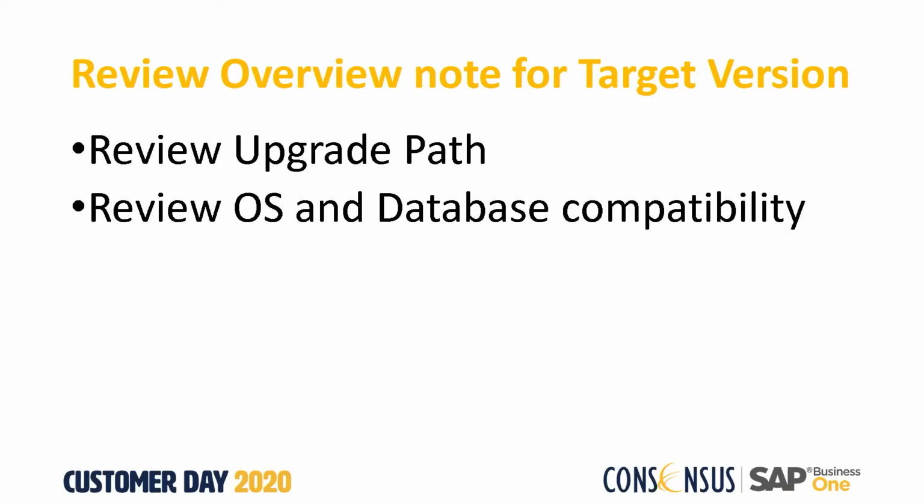So if, for example, you are locked in to a specific operating system version, your IT company will not upgrade it for you, or you just don't have the licenses, we're talking about the Microsoft side here, to upgrade to a new version, it's possible you may not be able to go to Business One on a new version. So we review this chart with you, we'll give you the options, and then we make that decision together.